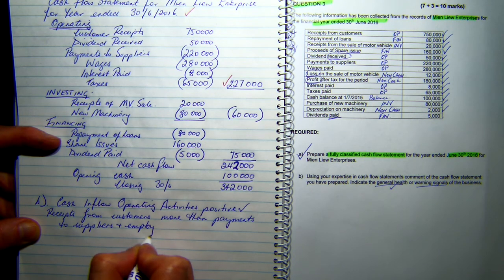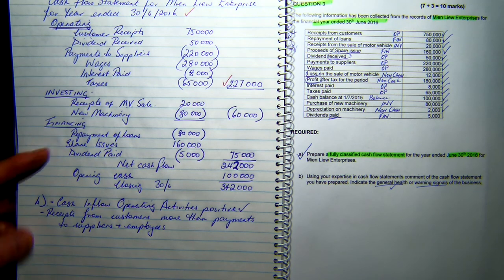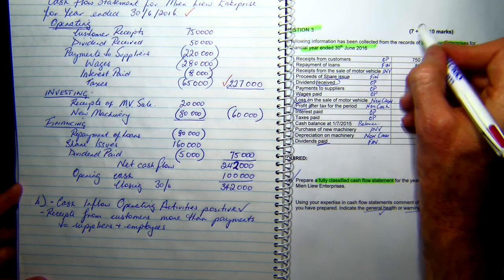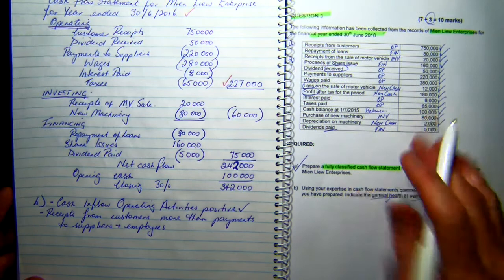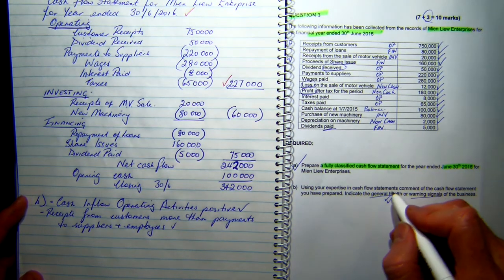So that's 1, 2. Now it's only worth 3 marks, so you only have to give me 2. So it's any of these answers. So once again, that's a tick. So that's another good general health.